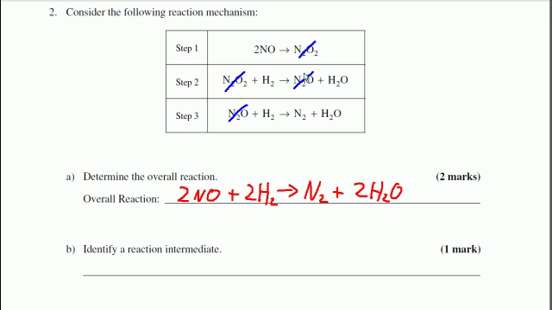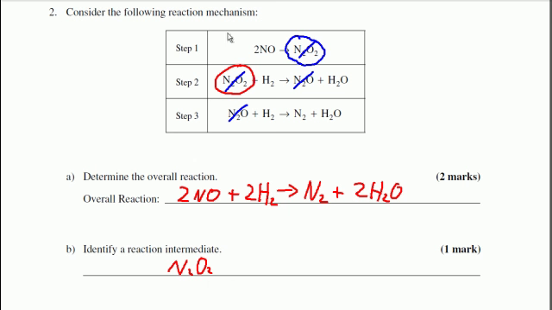Now a reaction intermediate is something that is first found as a product and then later used as a reactant. So again, N2O2 right here is first found as a product and then later on used as a reactant. So N2O2 is a reaction intermediate.